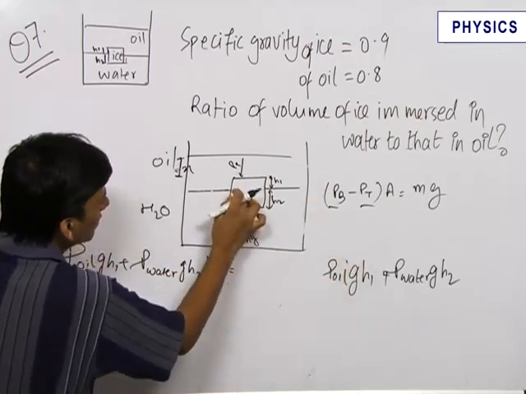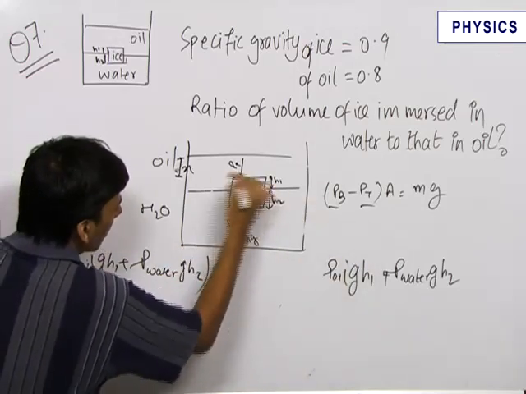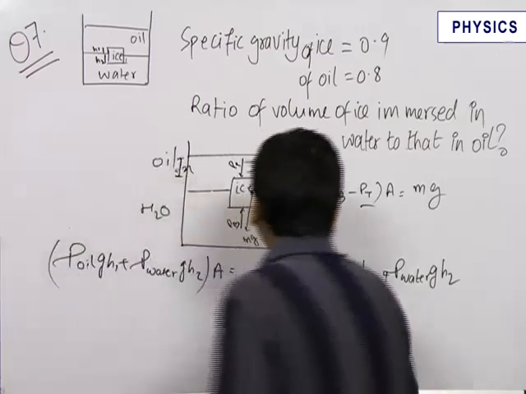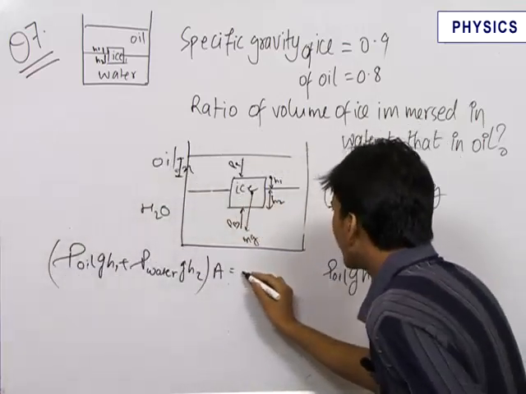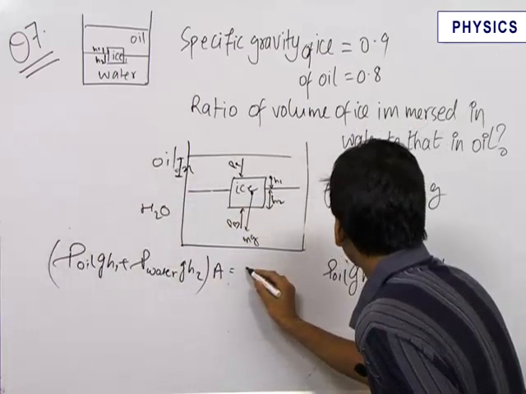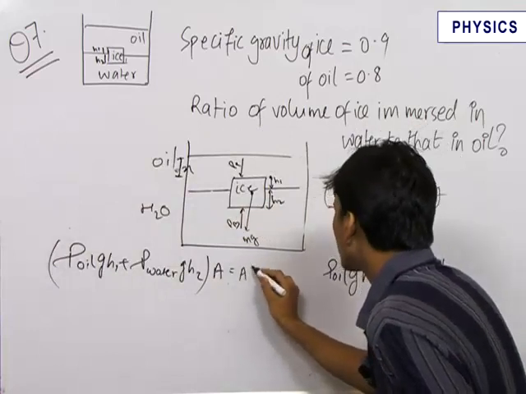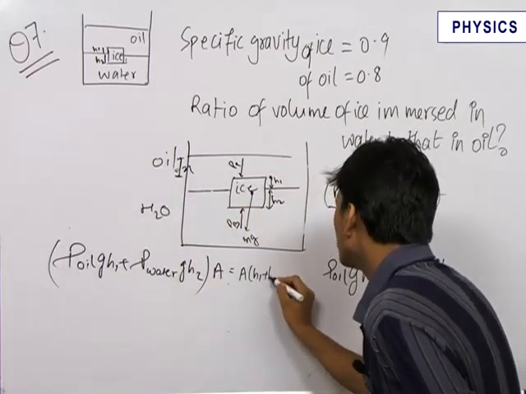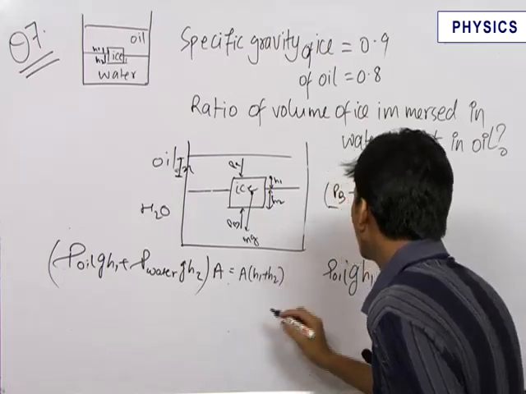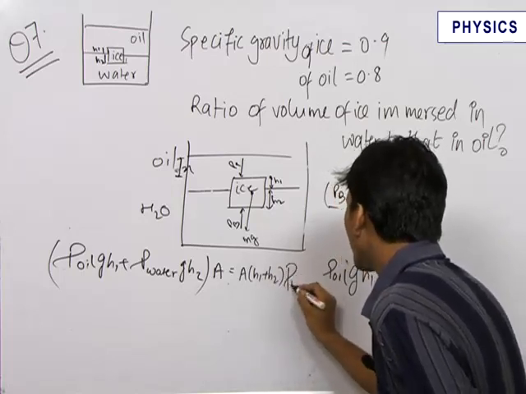Now the mass of this block of ice is equal to density into volume, that is A into (h1 plus h2), which is the volume, multiplied by rho of ice.